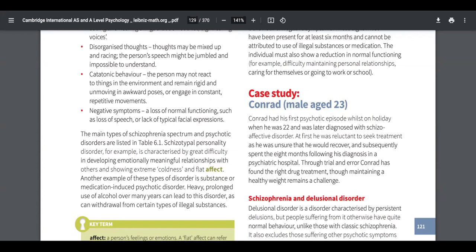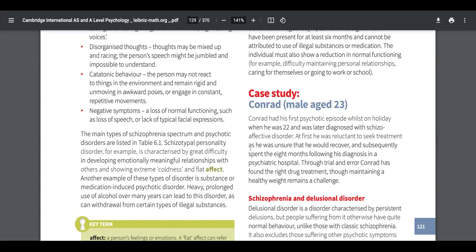It was prolonged for how many months? 8 months. So after his diagnosis, he still had 8 months where different treatments were used on him, and then finally he found the one that actually helped with his symptoms. That's why they say trial and error, right? So this is just a referencing study.